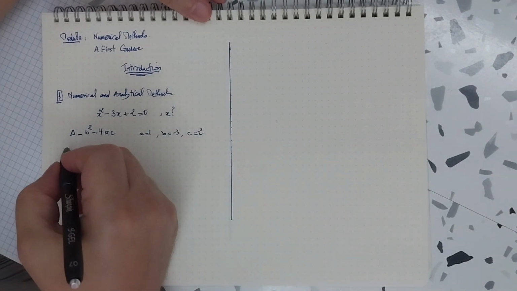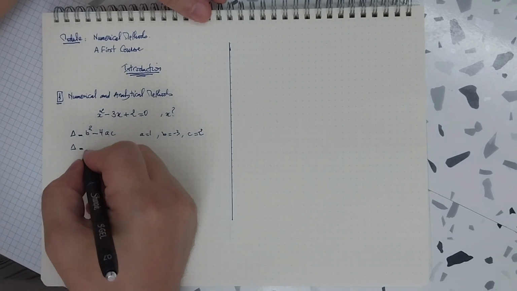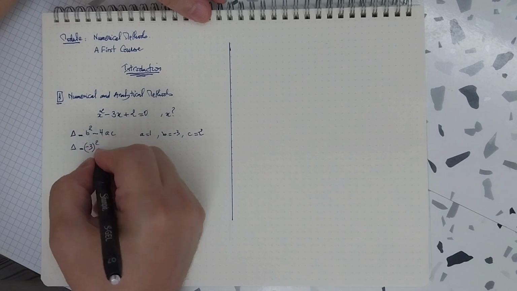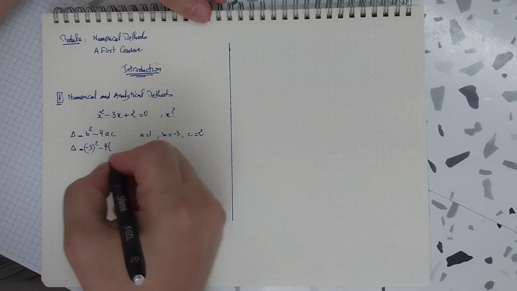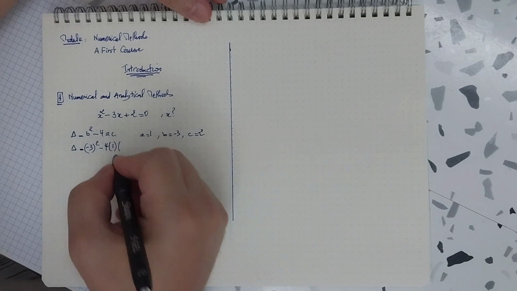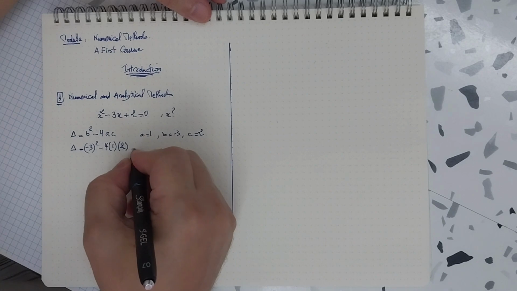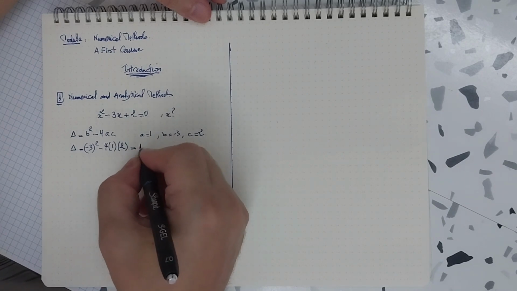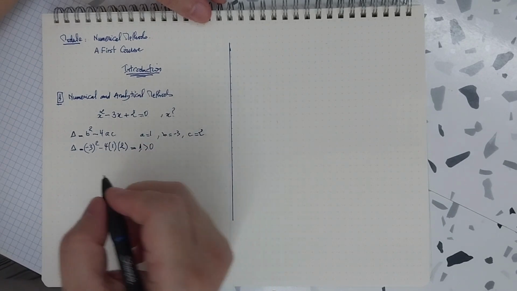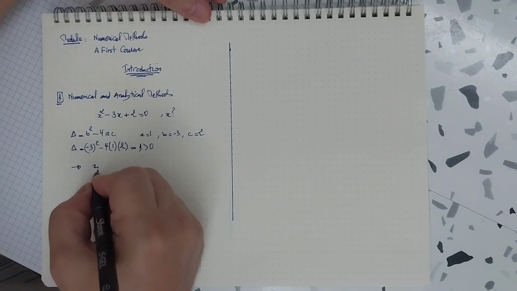So in this case, we have delta equal to minus 3 squared minus 4 by 1 by 2, and we find it is equal to 1, positive. So there are actually two solutions, x1 and x2.